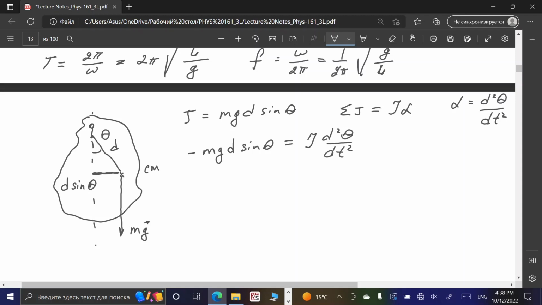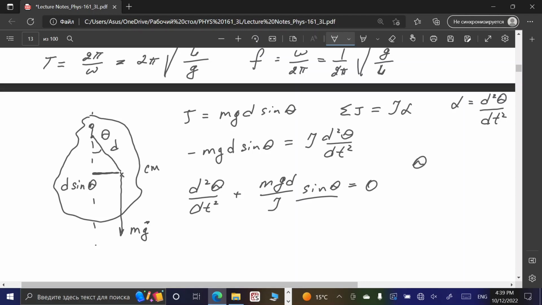So we can rearrange it and we will get d squared theta over dt squared plus mg times d over I times sine theta, and that is equal to 0. Again, we have this sine theta and we want to get rid of it.